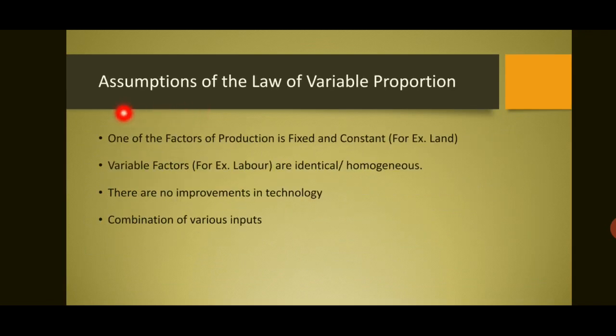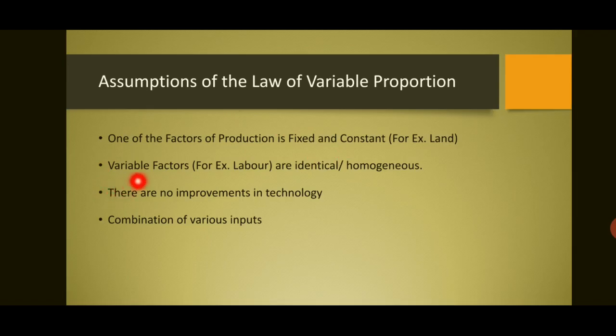So here are some assumptions of the law of variable proportion. One of the factors of production is fixed and constant. Here we have assumed that our land is fixed. It could also happen that we have other land and produce more on it, but from the understanding point of view, we have assumed that one of the factors of production is fixed.